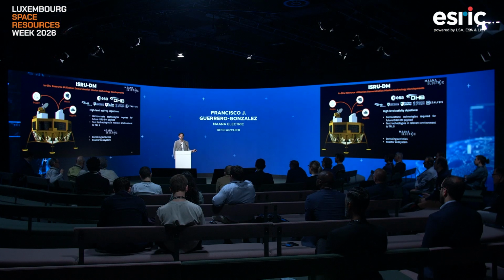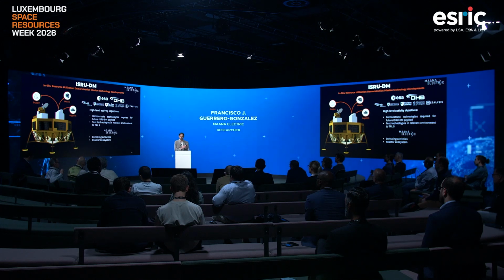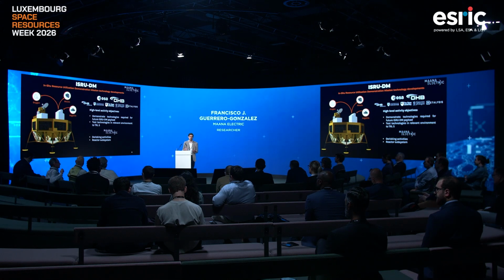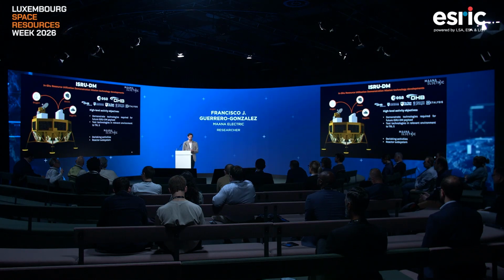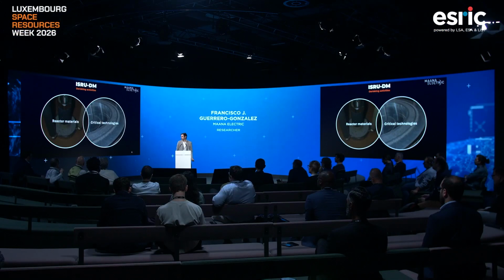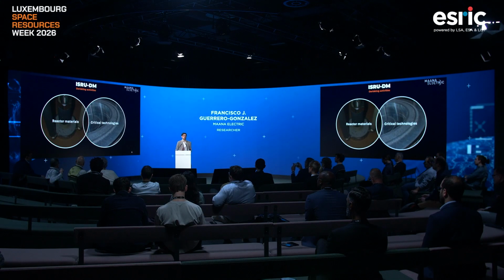So the goals for the activity are basically, as I said, de-risking the technologies and also testing all these technologies in a relevant environment. This means a dusty thermal vacuum chamber up to TRL5. What MANA is doing within the consortium is taking care of all these de-risking activities and also designing the reactor subsystem. Regarding the de-risking activities, we have two sides.